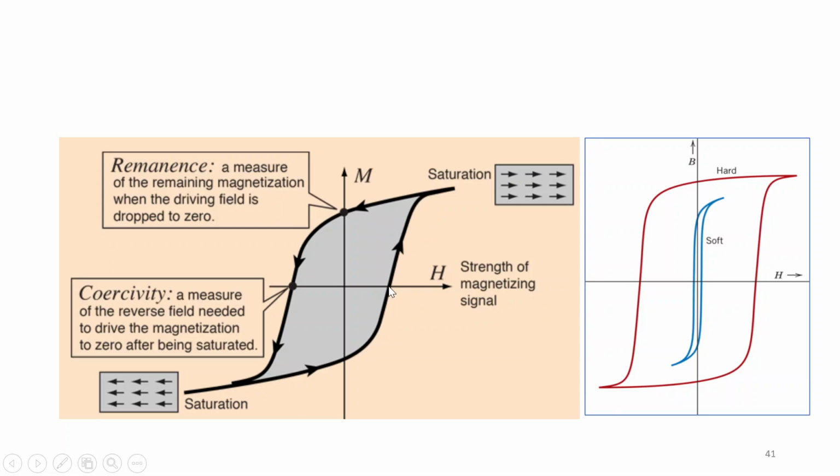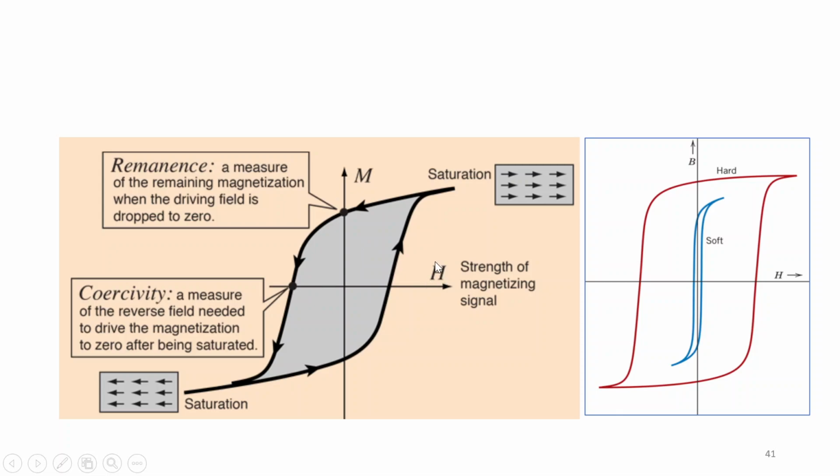So this is completely magnetized here at this point, and then it shows reduction in magnetization. Some of these arrows will get in a different direction. So this will keep on reducing, and it will go to 0, but there will be some magnetization.